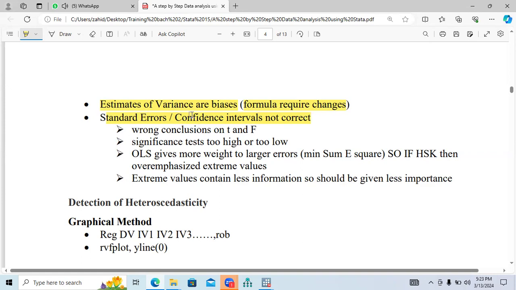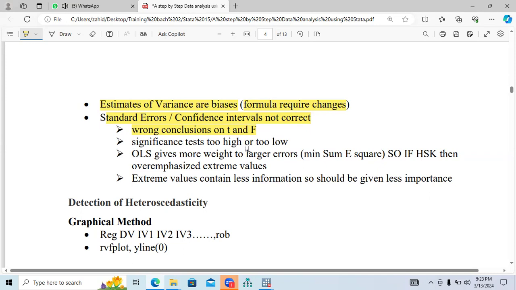In case of wrong standard errors, there is a wrong conclusion on T and F, because T is calculated on the basis of coefficient and standard error. So if the standard errors are wrong, it means the T is wrong. And if T is wrong, the F is wrong too. So we cannot interpret them correctly.